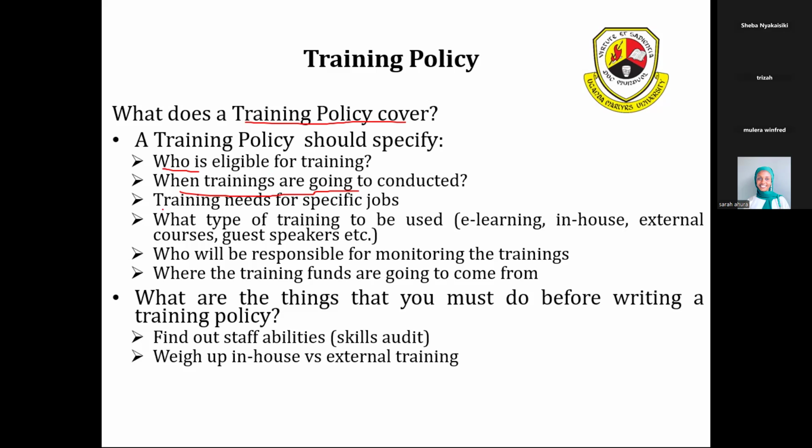Training needs for specific jobs. As we more and more embrace ICT in our different departments, it's also important that the training policy indicates, let us say, the minimum level of digital literacy employees should have as they come on board.